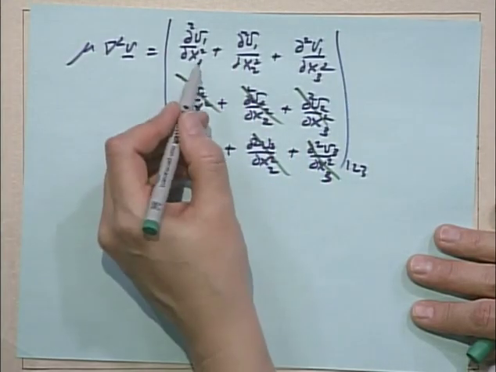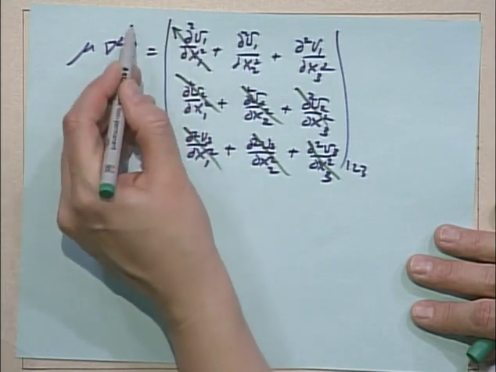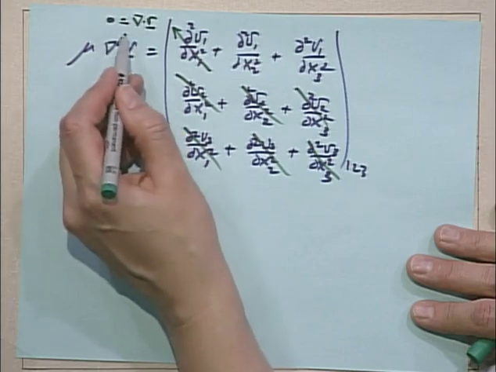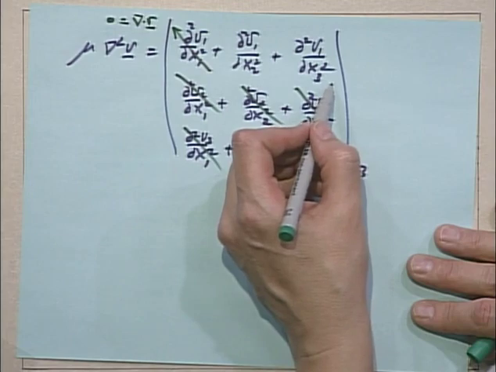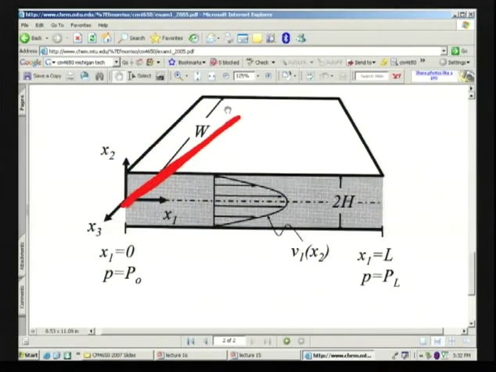And why do the other two go away? This one comes out of the continuity equation, the del dot v. Right? dv1/dx1. And this one? It's just wide plates. Right, wide plates. If we look over at the problem, the 3 direction is this width direction.